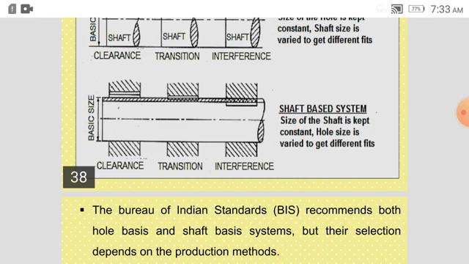So that's why it's shown like this. So diagrammatically, this is the diagram for the shaft basis system, where the shaft is kept constant to its basic size, and the hole sizes are varied to get the respective fits.